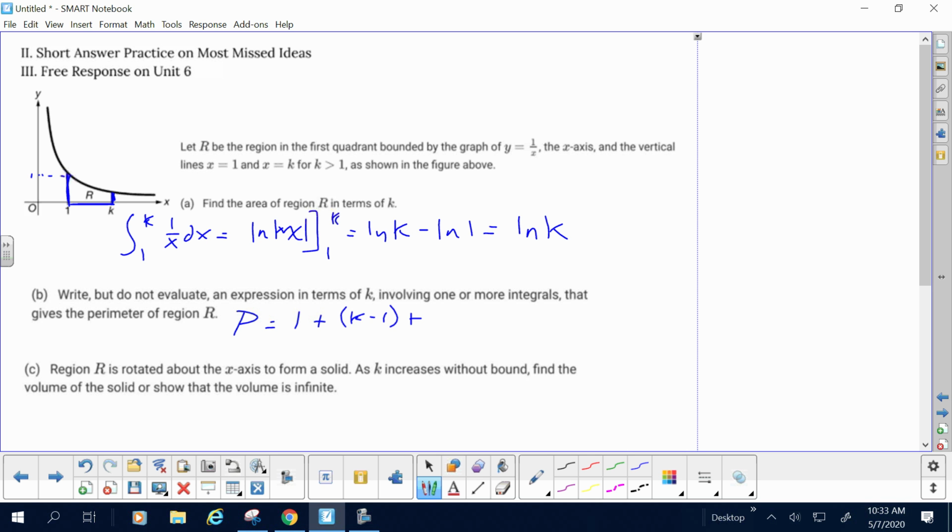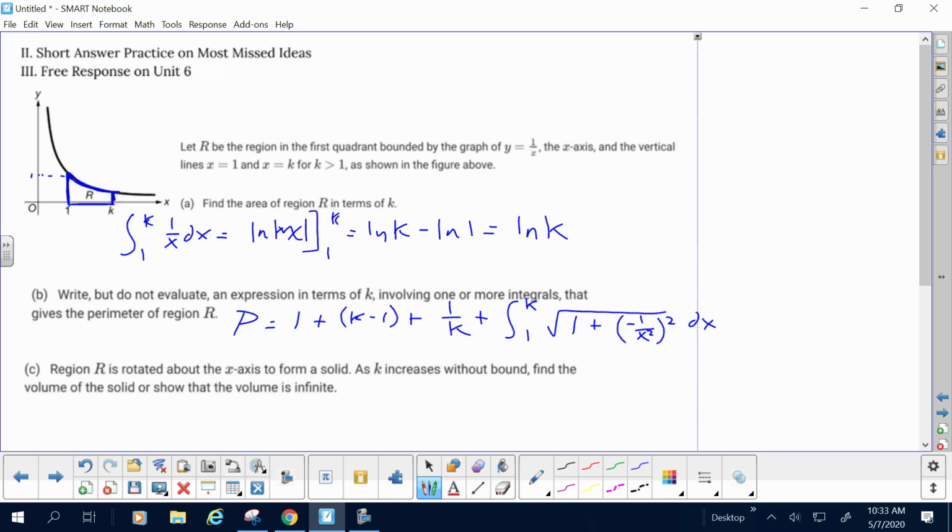This is how high you go to get to the function at k, which is 1 over k. And then finally, this curve. Now that's an arc length question. From 1 to k, the arc length of the square root of 1 plus the derivative squared, and the derivative is negative 1 over x squared. And they said leave it in terms of an integral.